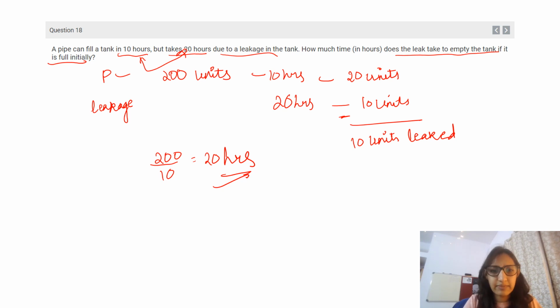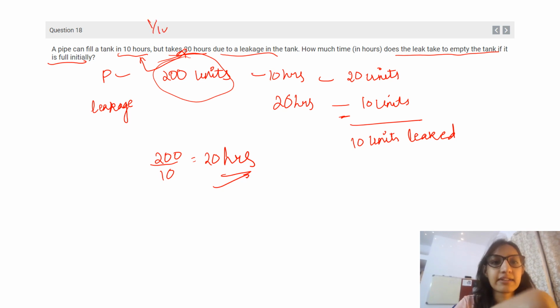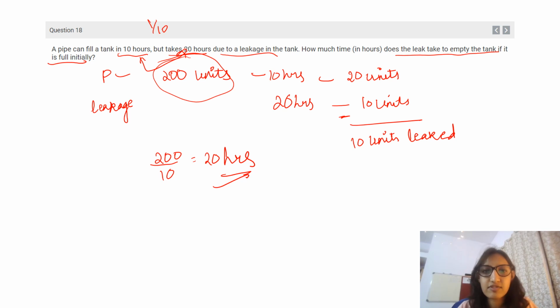This was very simple. You just need to identify this. I'm taking this LCM approach because it's very simple to deal with simple numbers rather than taking fractions like 1 by 10 and 1 by 20. So just assume easy numbers so that you can increase your calculation speed with that.